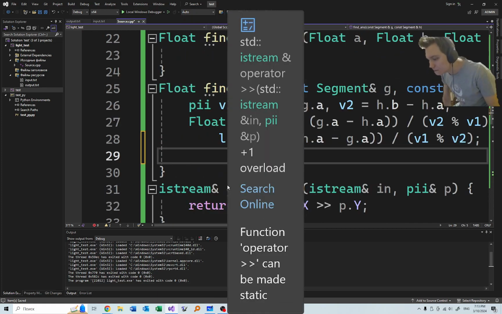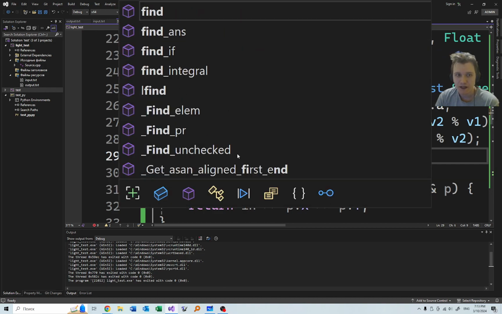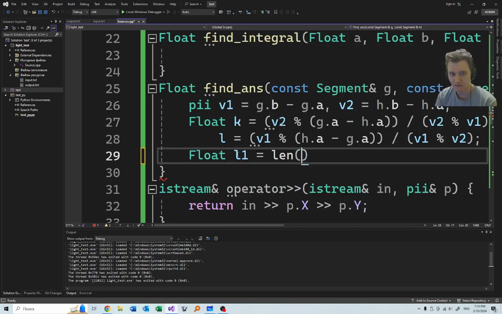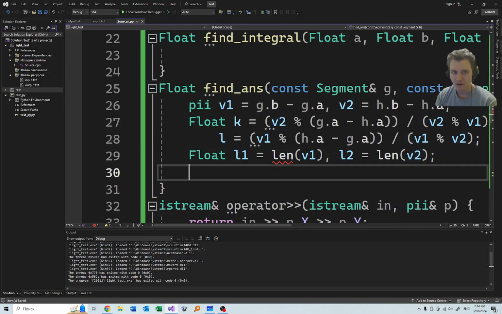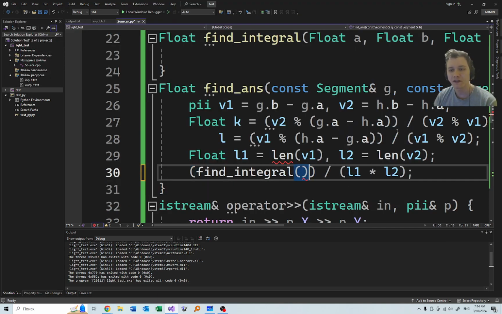So we need to find, okay, we need to find lengths also. Let's find lengths. We need to find some integral and divide it by L1 times L2. What do we do here? We need to find integral. Also, we need cosine alpha.